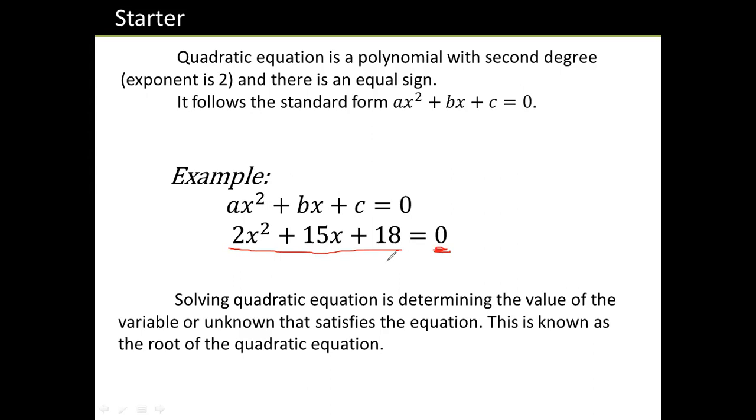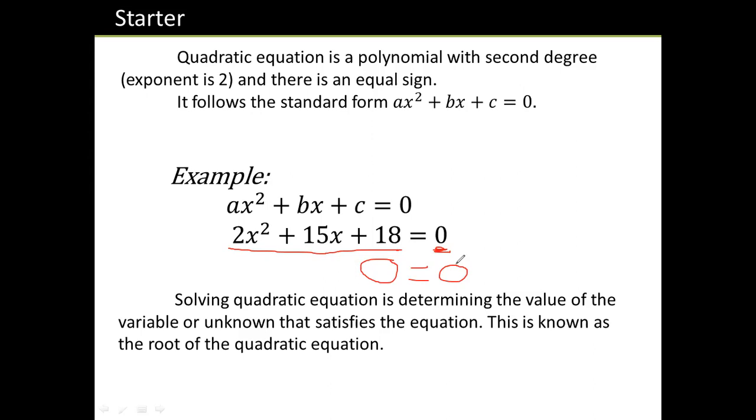So therefore, in the end, when the quadratic equation is simplified by determining the root, it should be 0 equals 0 in this example, because we have here the left-hand side equals the right-hand side. Now, if it is not equal, then it is not the root.